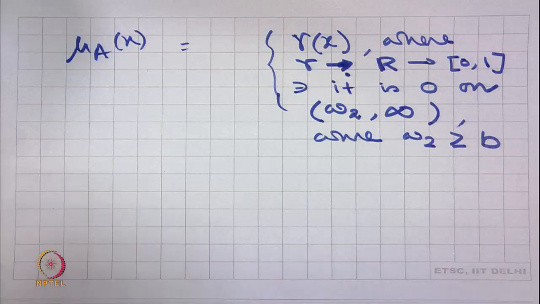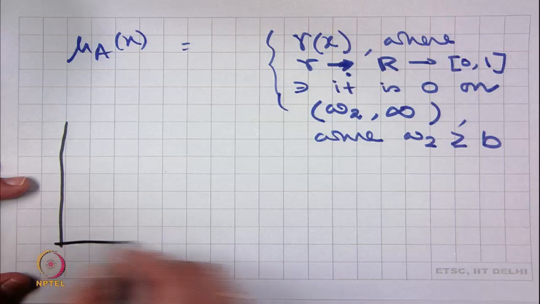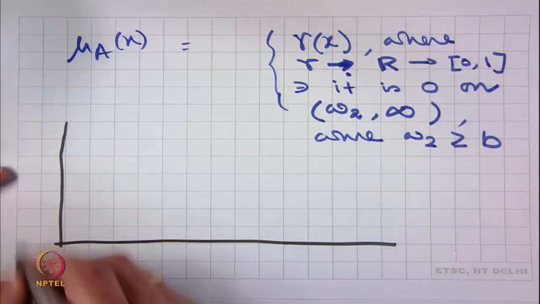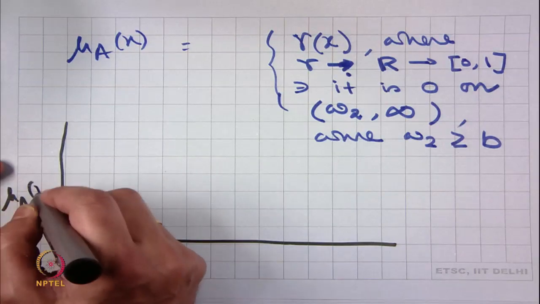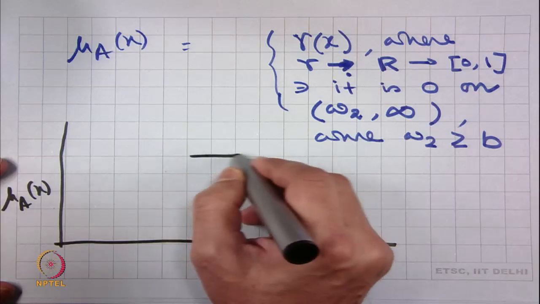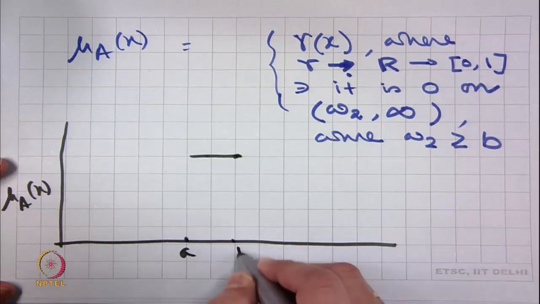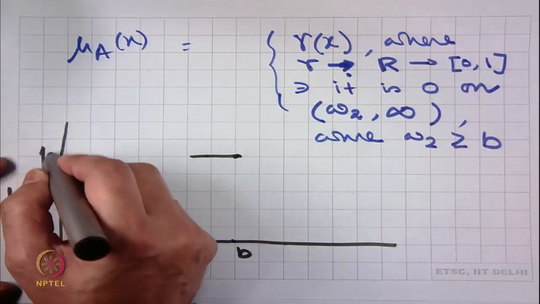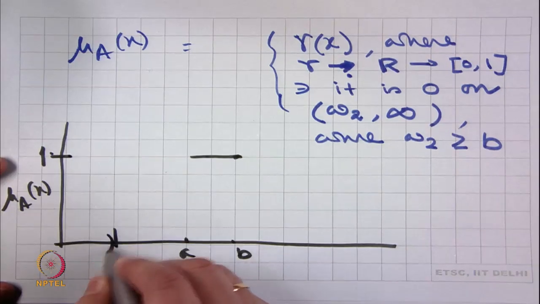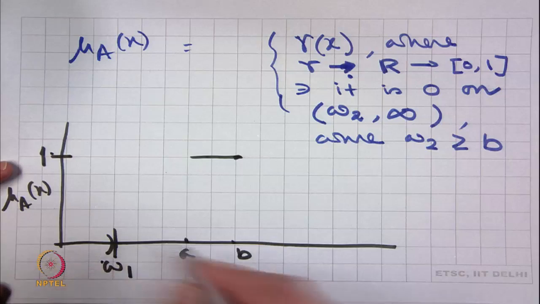Or pictorially, if we look at it, what I am saying is that mu A x looks like this on an interval say A to B, it is 1. There exists some W 1 such that it is 0 there.